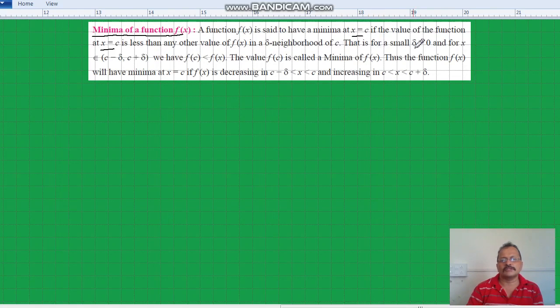That is, for a small delta positive and for x belonging to the open interval c minus delta, c plus delta, we have f(c) smaller than f(x) for all values of x in this interval. The value f(c) is called minima of f(x). Thus, the function f(x) will have minima at x equal to c if f(x) is decreasing in c minus delta to c and increasing in c to c plus delta.